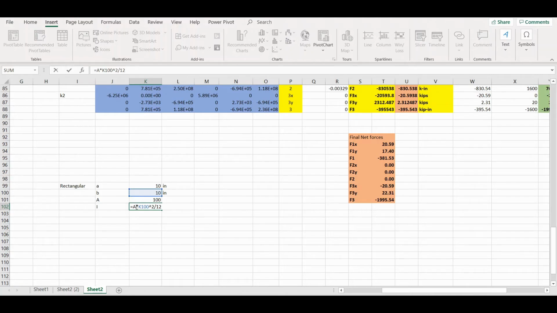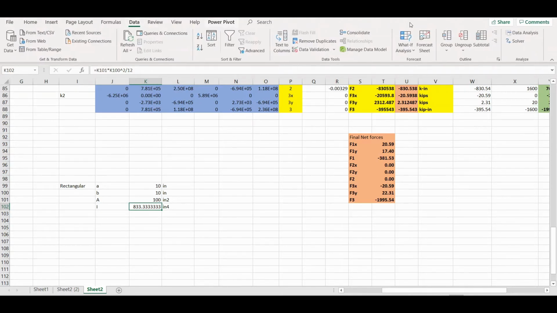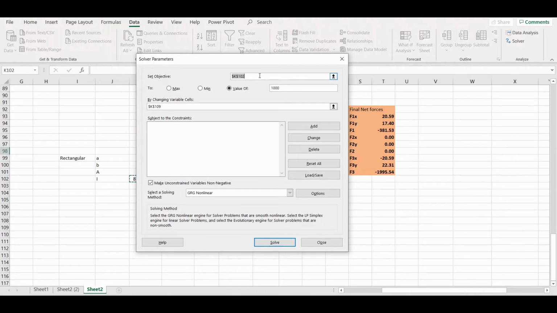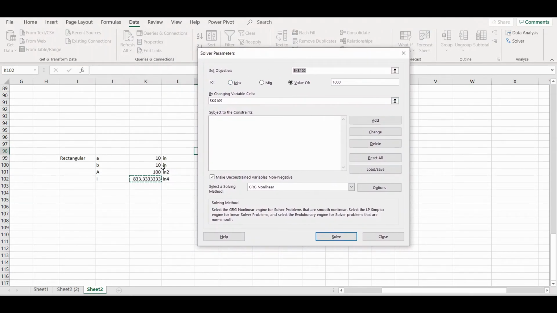So area will be this one. This is inch 4, this is inch square. Let's solve our moment of inertia. So for this one, we can just go to data, solver. So this is our objective cell, this one, value of 1000 by changing variable B. Let's change B. Let's see what we get.